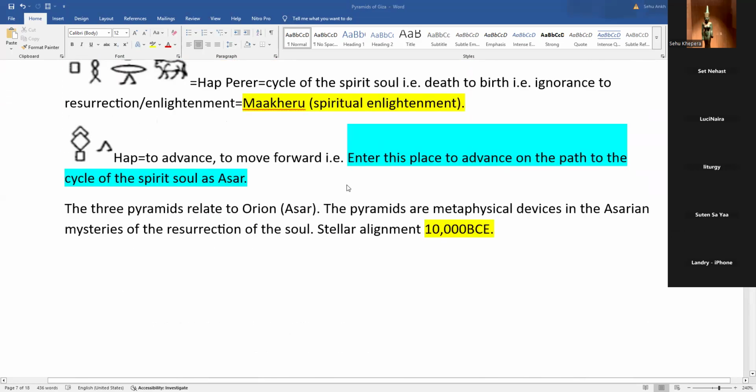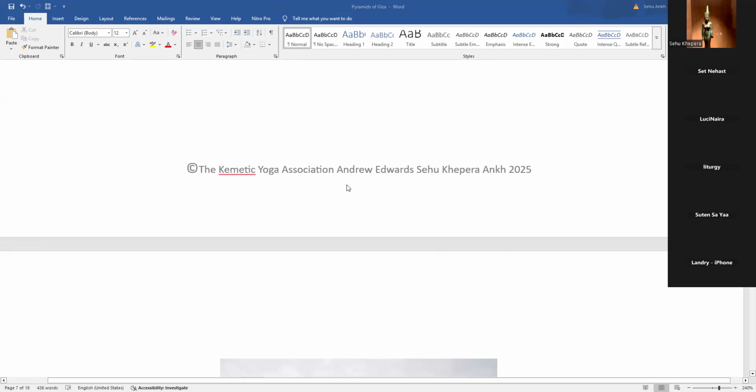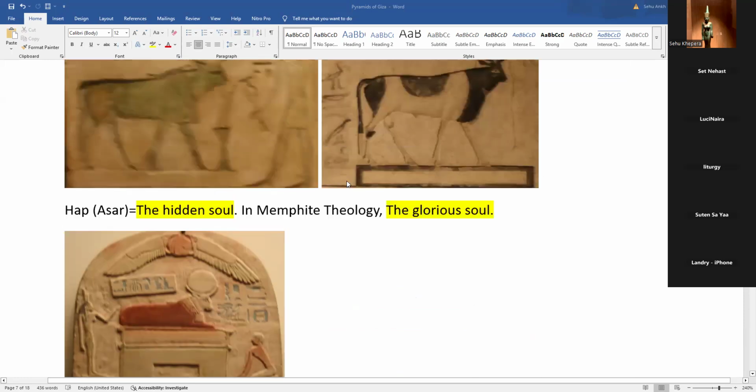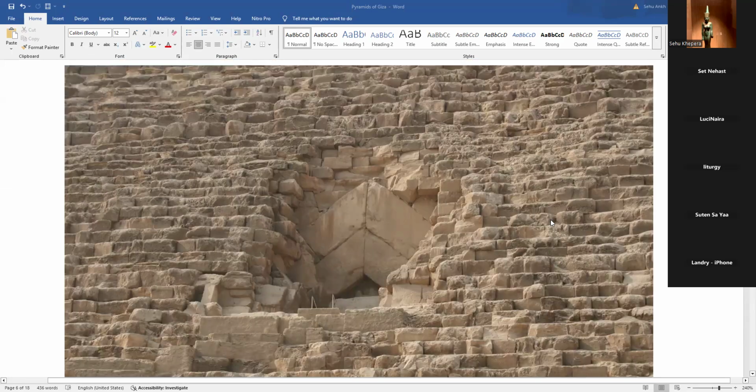So today we're going to look at, well, the last time we were here, we looked at what is referred to as the original entrance to the Great Pyramid, which is the large one on the Giza Plateau in the ancient city of Anu, that is now Cairo.